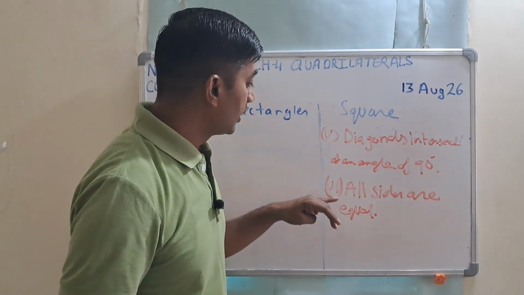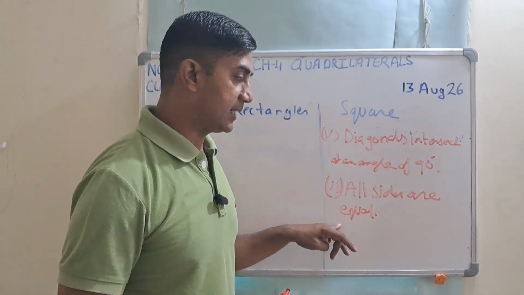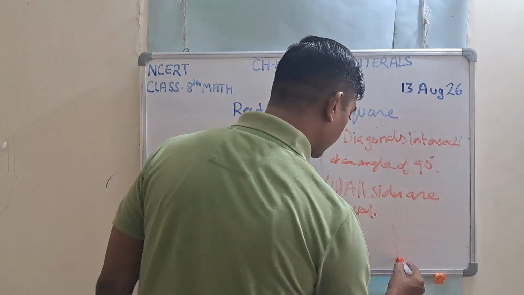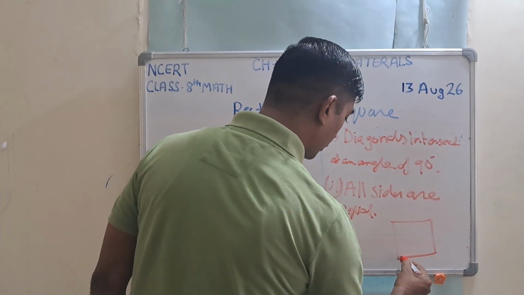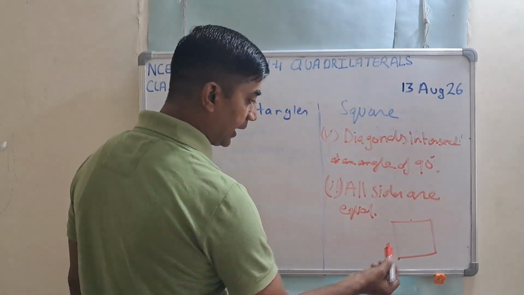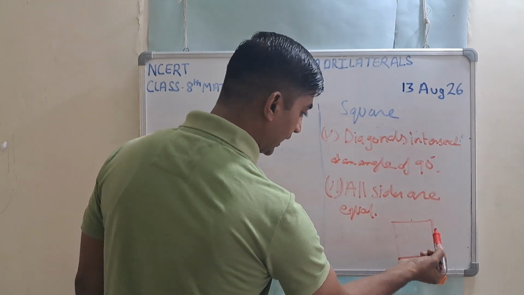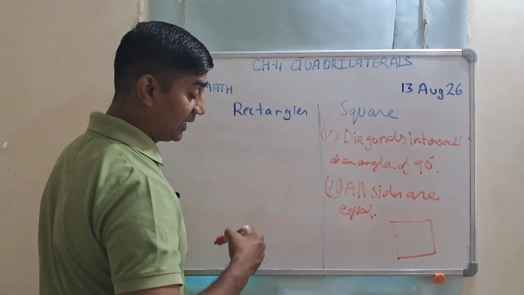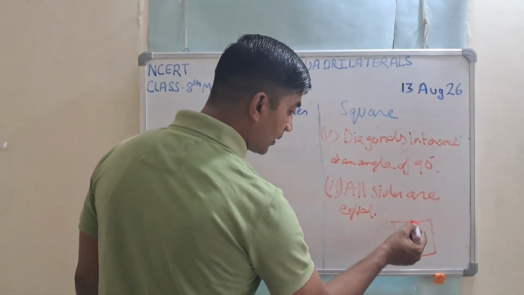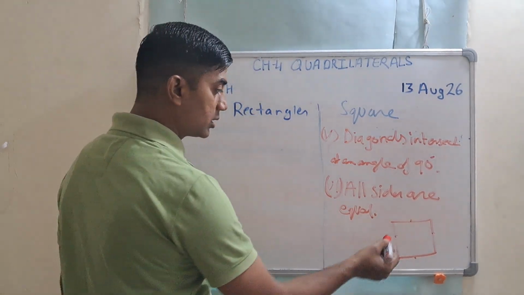In this case, apart from opposite sides being equal and parallel, all sides are equal. In a square, all sides are equal. Understood?